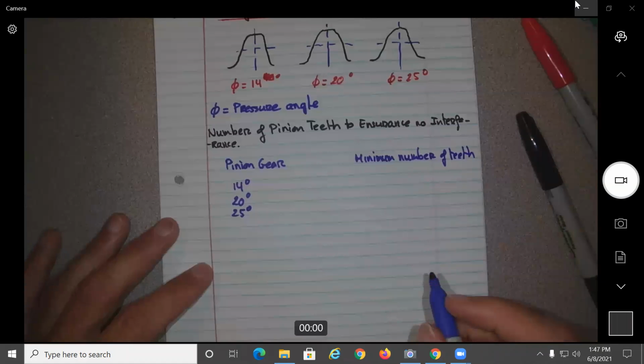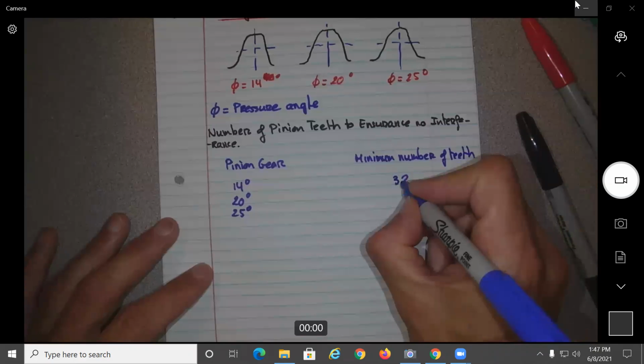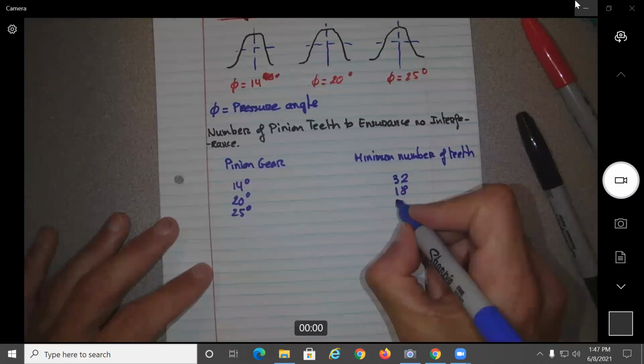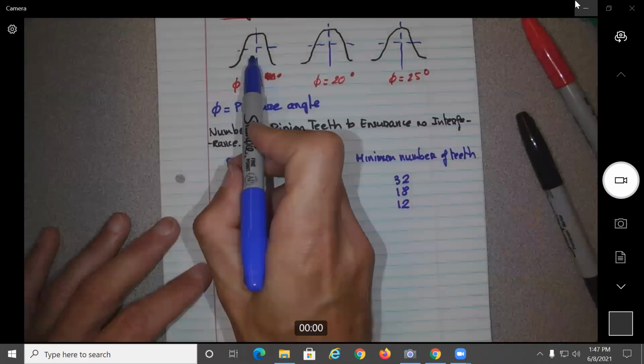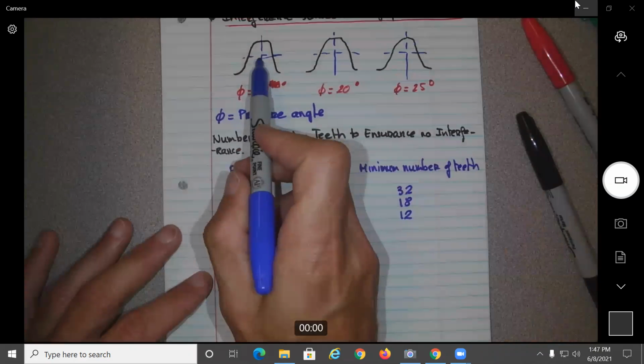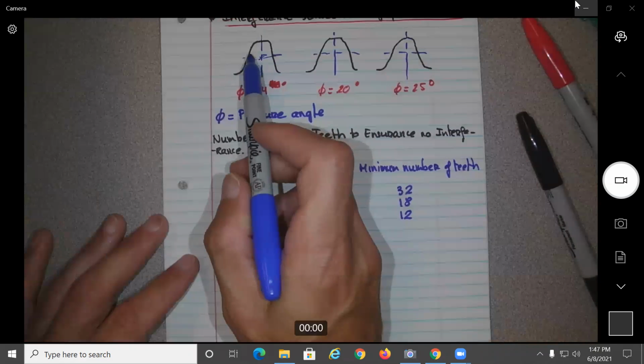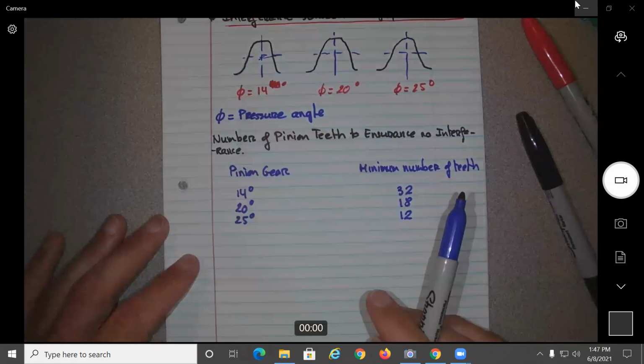So for this one will be 32, 18, and 12. So obviously, the thicker your teeth on the gear, the fewer you can put, no? All right.